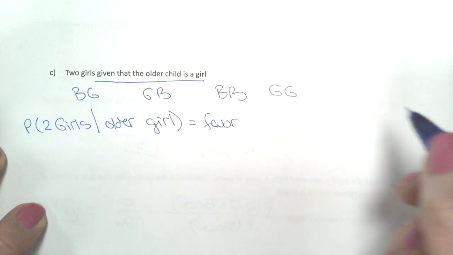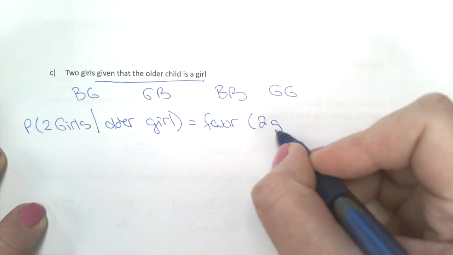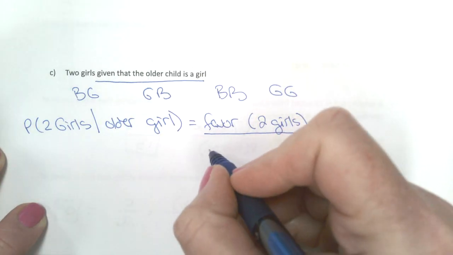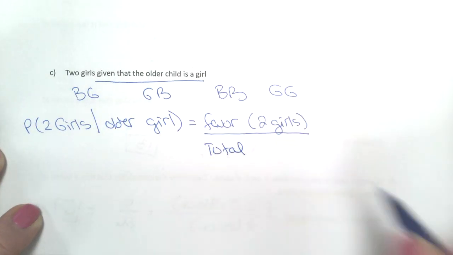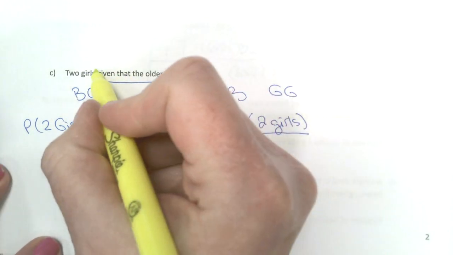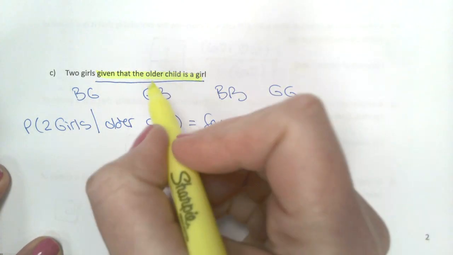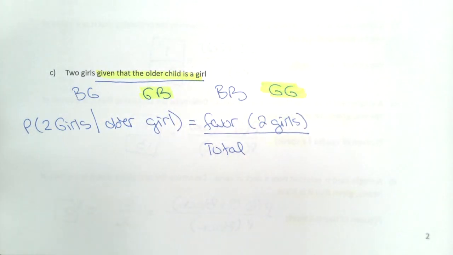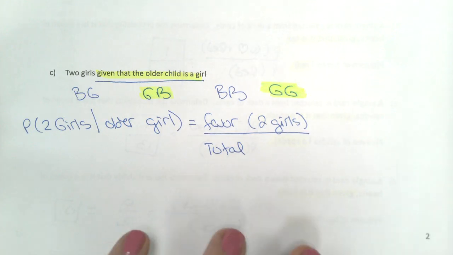The numerator is my favorable outcome, which is 2 girls. The denominator is your total possible. Given the older child is a girl, I could have a girl and a boy or a girl and a girl.